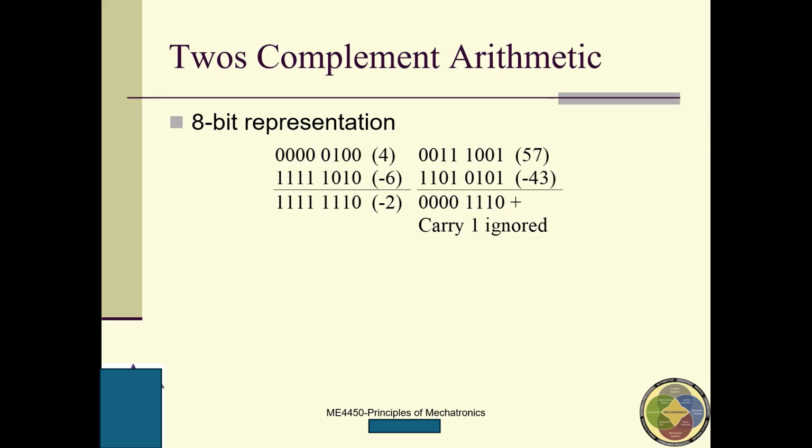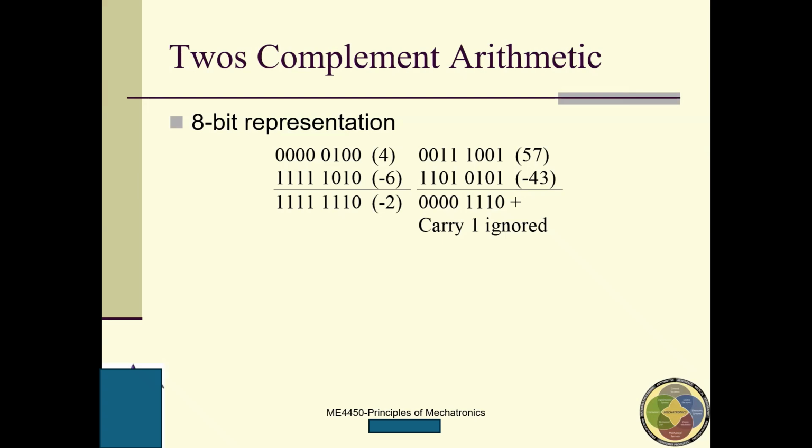These are 6 digits. I see. So 1, 0, 1, 0, 1, 1. Questions so far? So this is my positive 43.